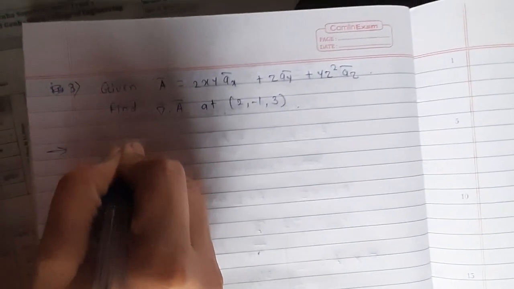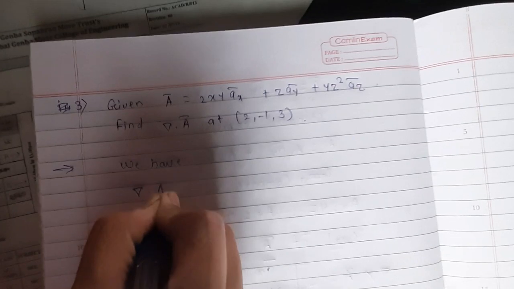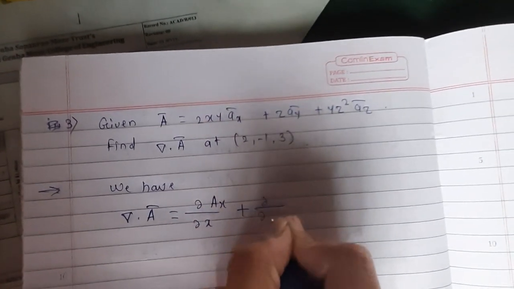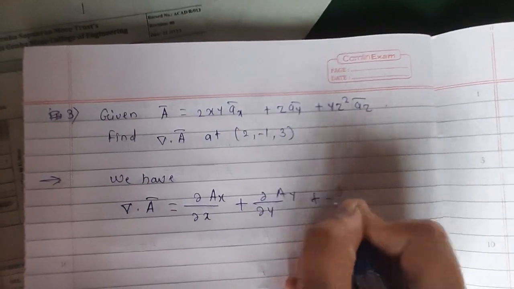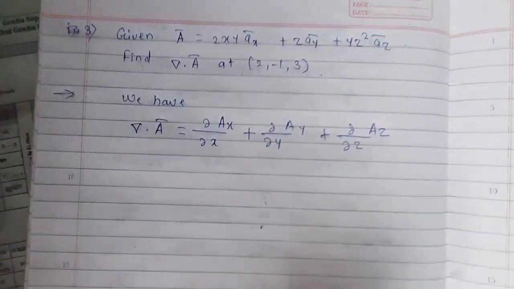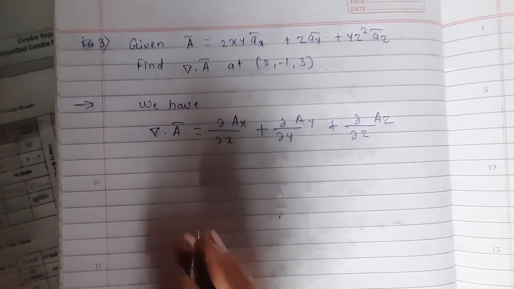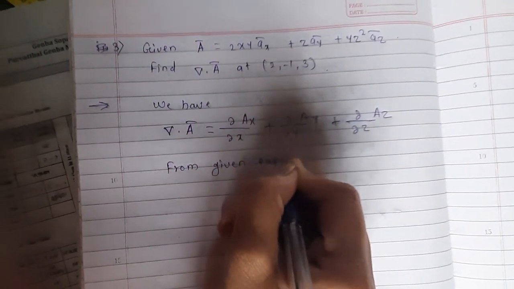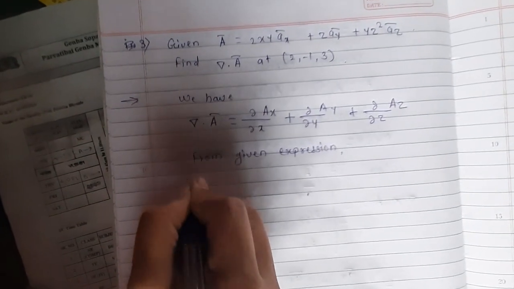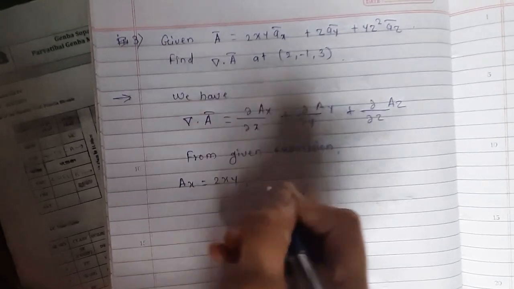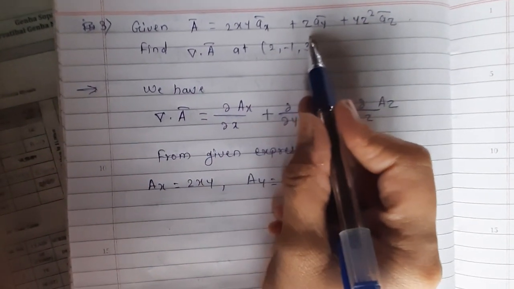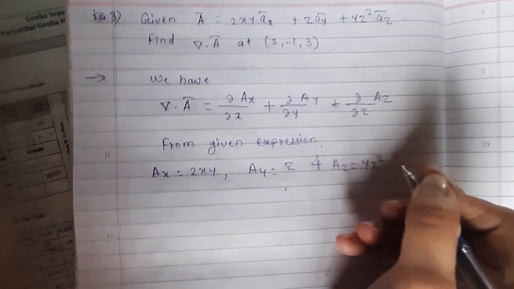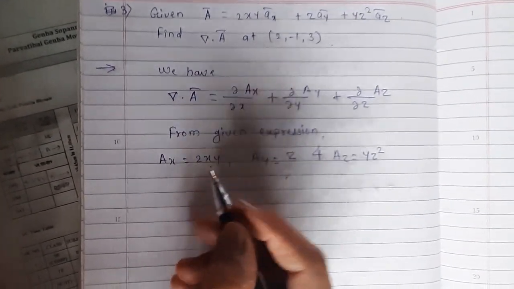So we have delta dot a bar is equal to d by dx of ax plus d by dy of ay plus d by dz of az, and from given expression ax is 2xy, ay is z, and az is yz square. So we substitute these values in above equation.